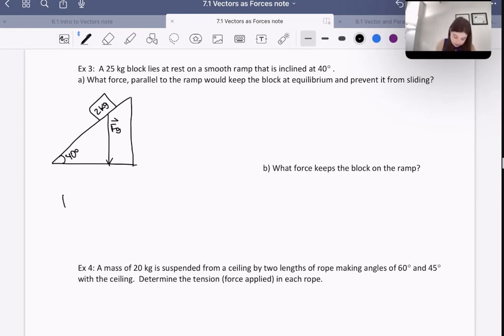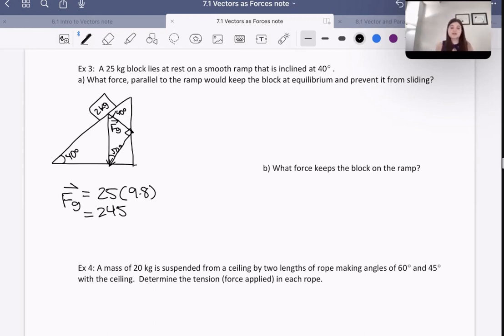Well, Fg is going to be equal to the mass, which is 25, times the acceleration, which is 9.8 meters per second squared, which is going to give us 245. So there we have it. We also know that if we take the 2 here, like that, we will also have 40 degrees right here and 50 degrees right there. There we go. Awesome. Okay, good.